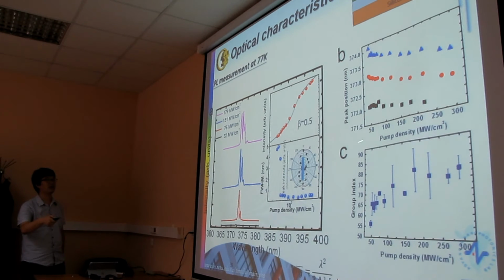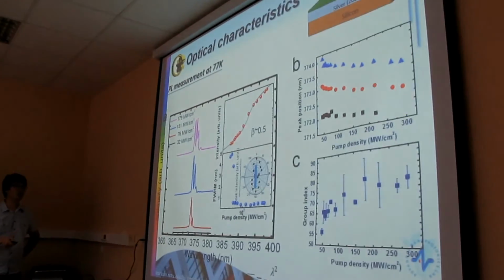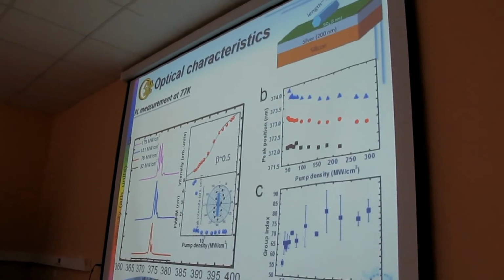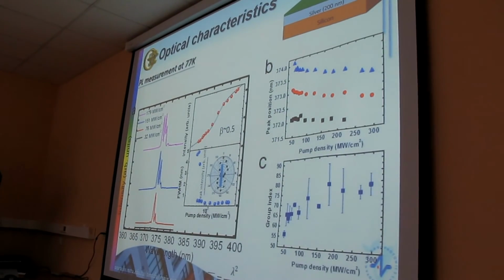The mode spacing here is about 1 nanometer, and the corresponding group index calculated from the mode spacing is around 70. We also measured the polarization of our devices, which is parallel to the ZnO nanowire.